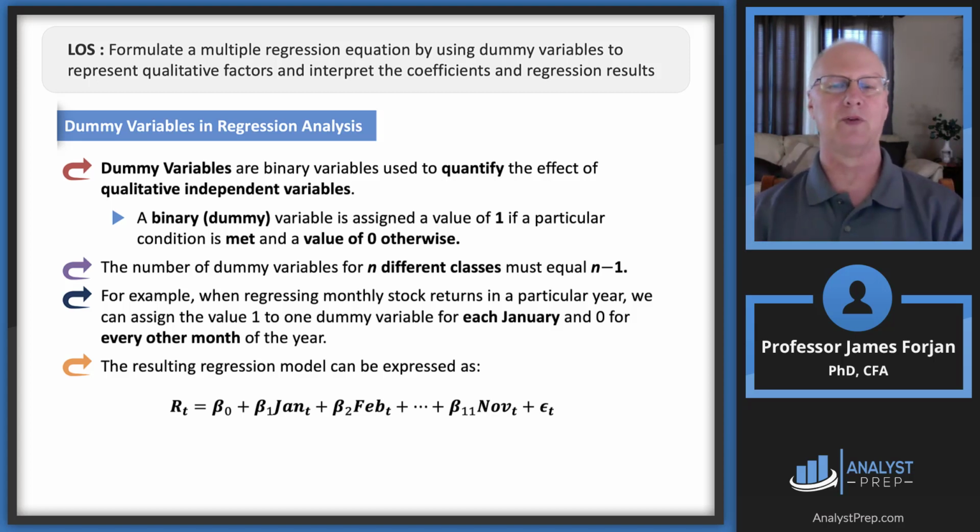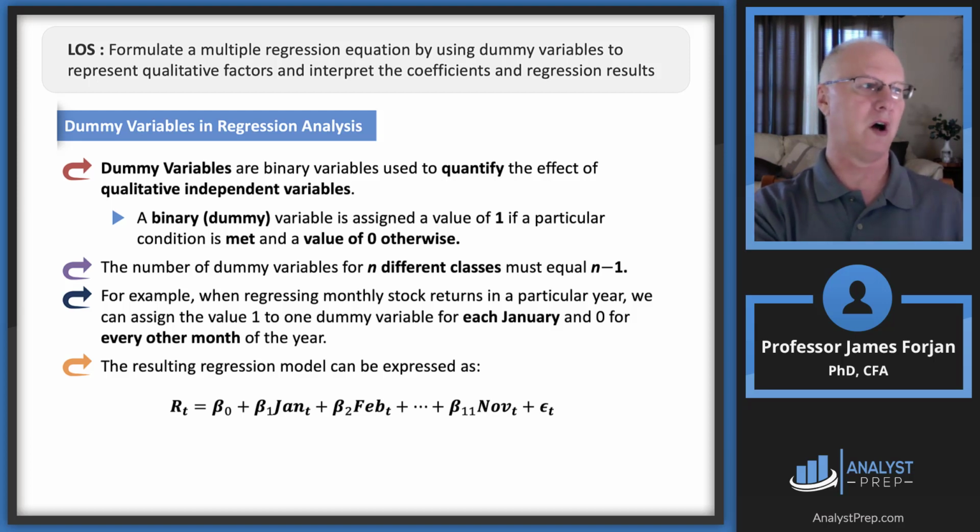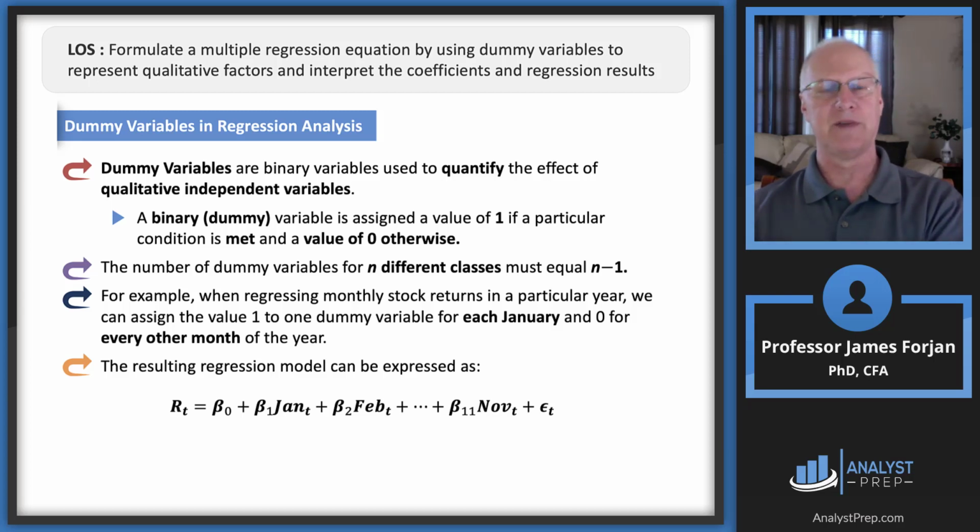But let's suppose that you have an independent variable that doesn't fall naturally inside of actual mathematical numbers. I mean, suppose that you want to say something like, hey, I want to estimate and determine and predict and explain the returns on some mutual fund, let's say, and I want to see if dividends play a role.